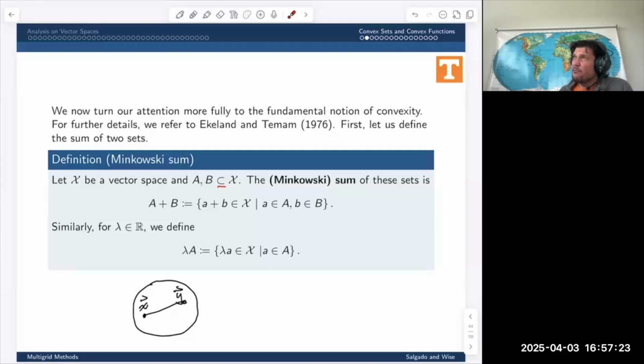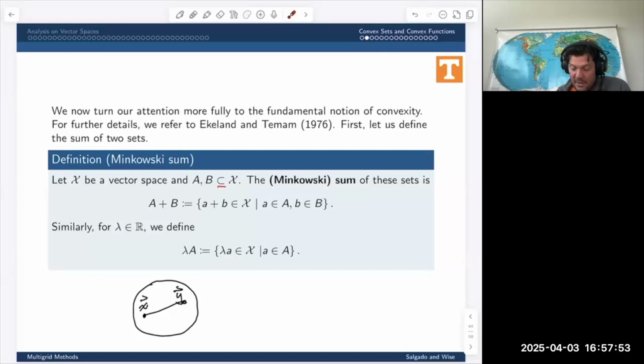Why does it make sense? Well, because this is a real vector space. I can add any two points from the set or even in the space, and it goes back into the space. And furthermore, I can do scalar multiplication times any element in the set, and that's also going to be back in the space. So these objects are back in the space, and they're well-defined objects.